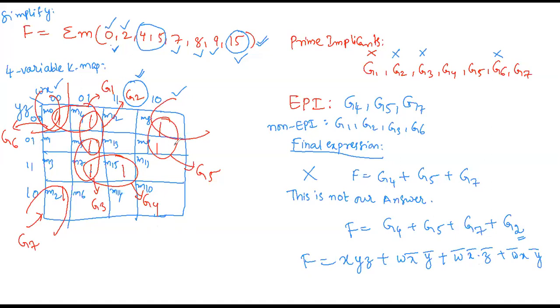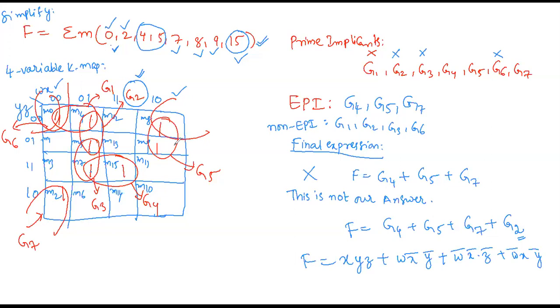Okay, this is our final answer. If you have any doubt, you can ask me. First, generate all possible groups, and from those groups separate the essential prime implicants.